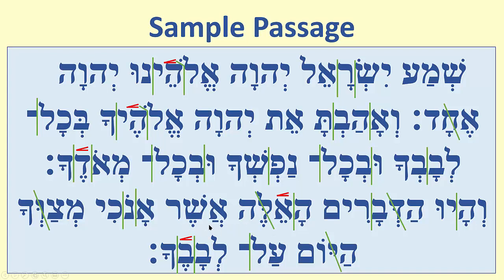This next word, asher, is only one syllable. Again, we get a reduced vowel under the aleph that works as a cluster with the sheen. Asher, asher. Here we have an open, or actually all three of these syllables are open syllables with long vowels. When in doubt, put the accent on the last syllable, anochi.